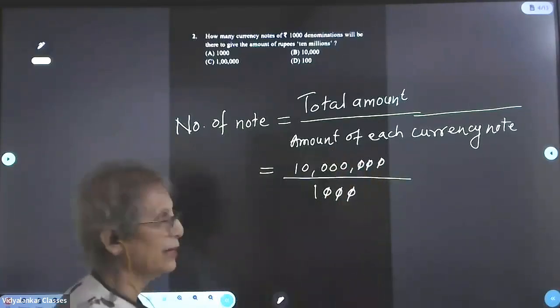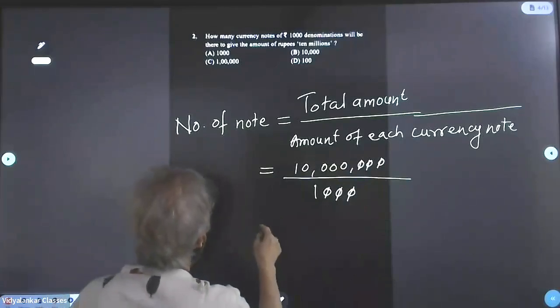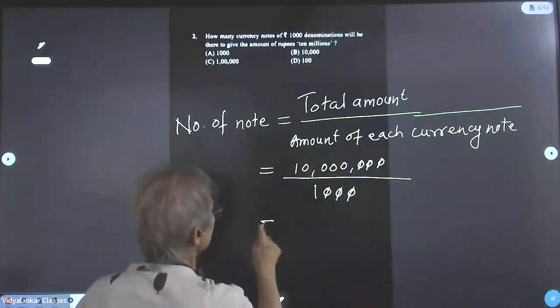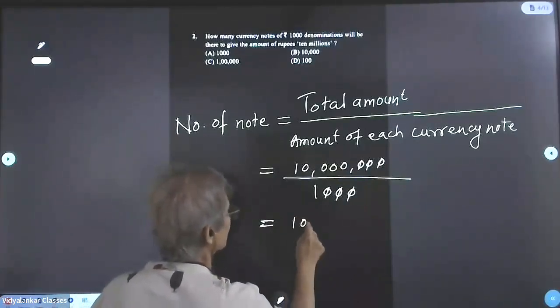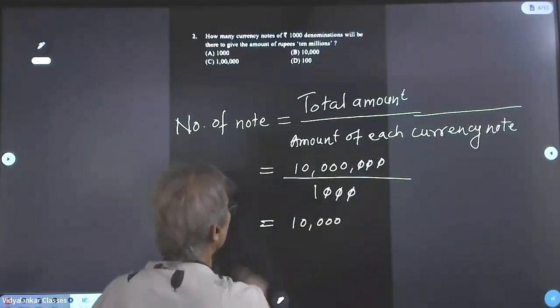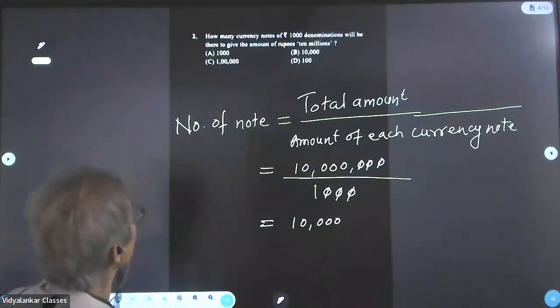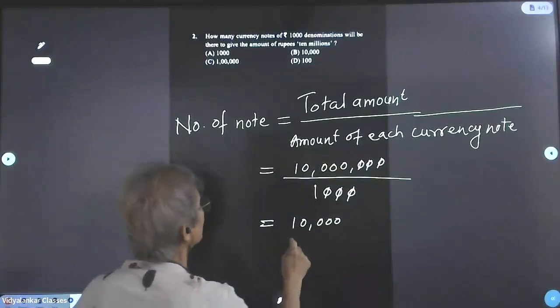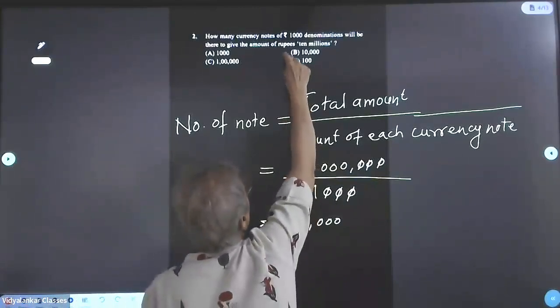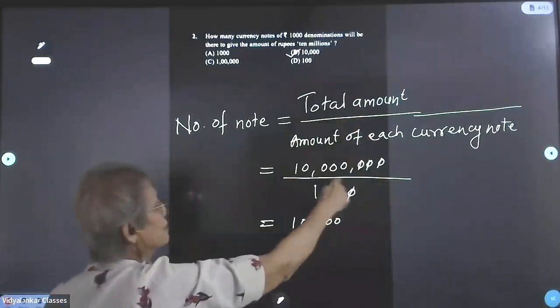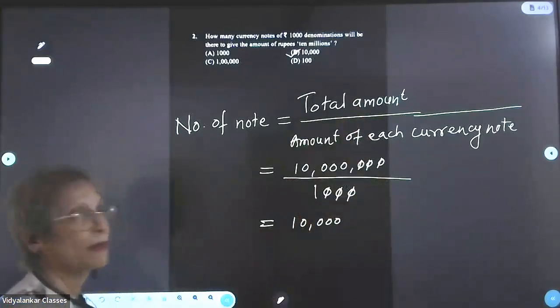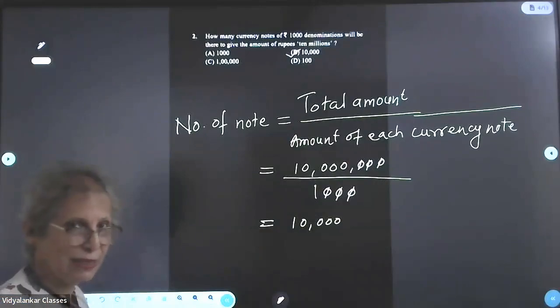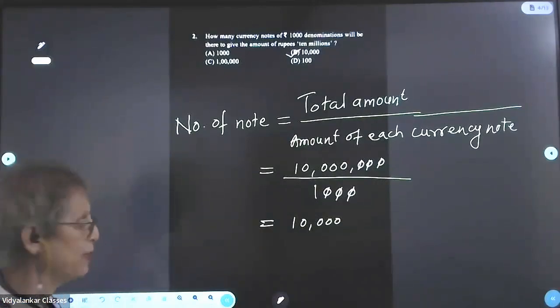So how many notes are there? Total 10,000. So the answer is 10,000. Again, the answer is B. One more question we will discuss and then we will switch over to the next part.